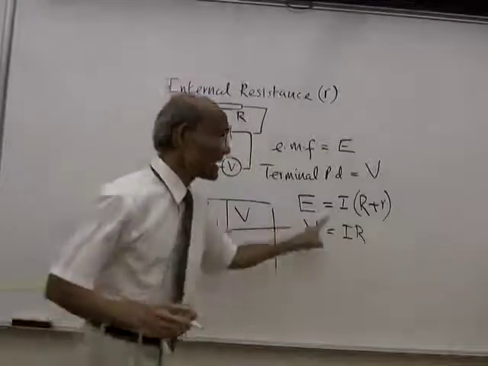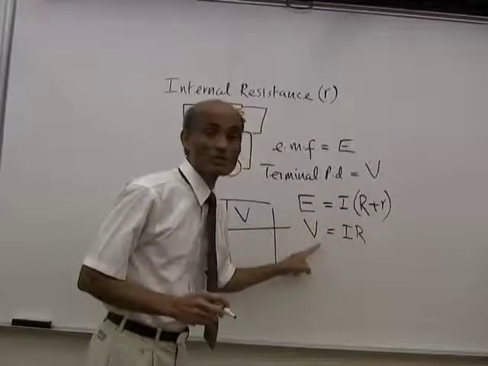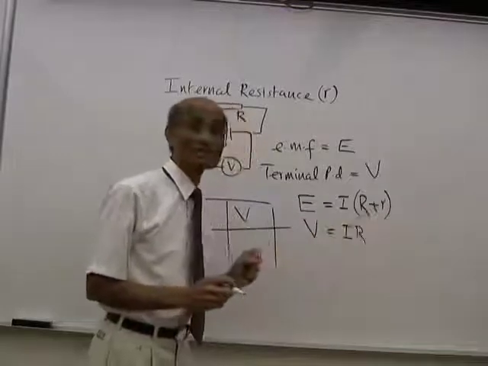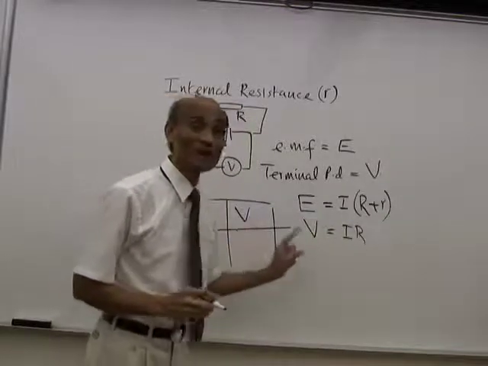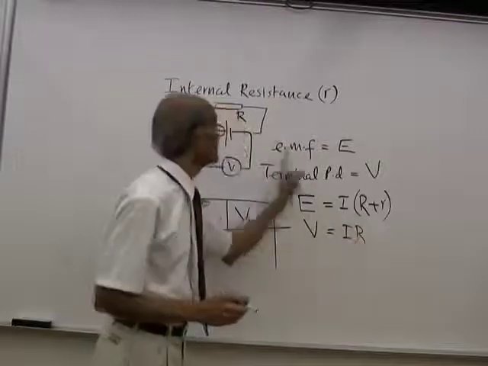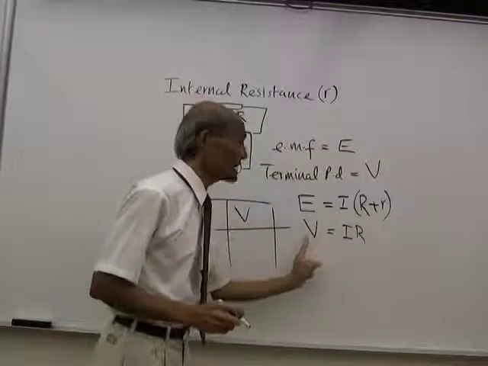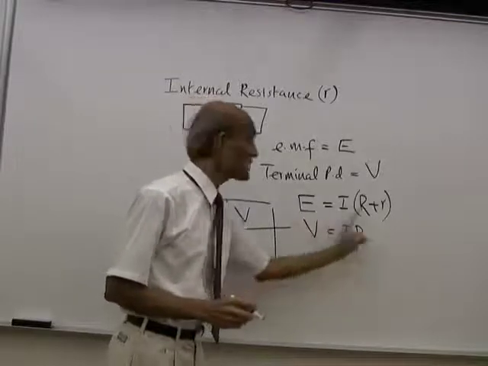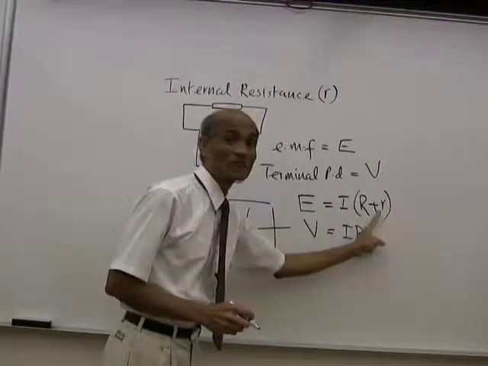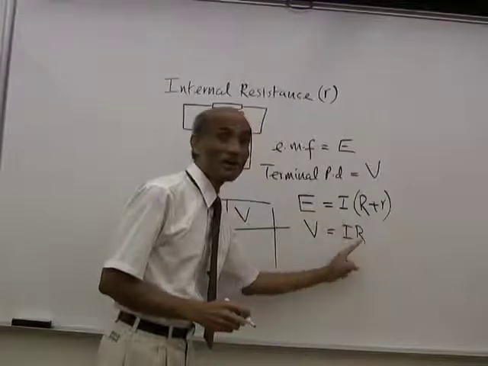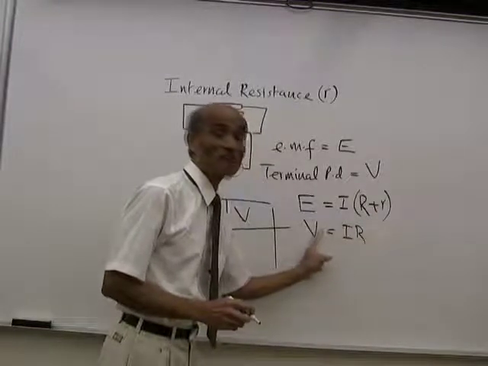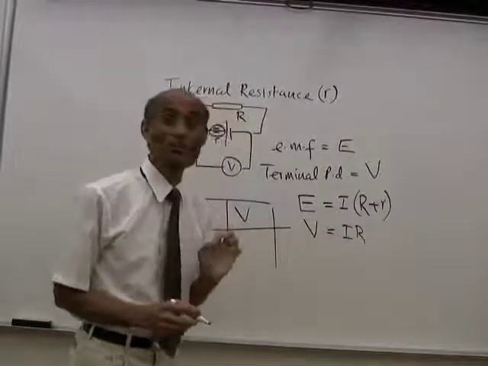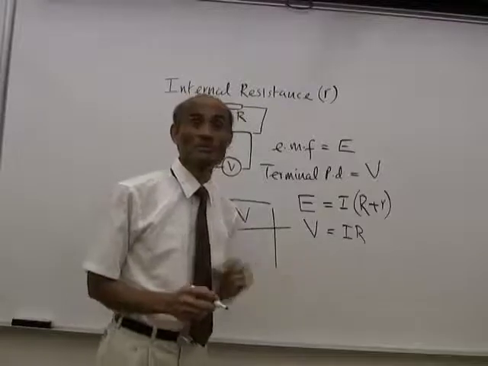Alright, now I want you to use these 2 equations and obtain an equation for the internal resistance in terms of the variables. The variables are the external resistance R and the terminal potential difference. Write that equation in the form y equal to mx.